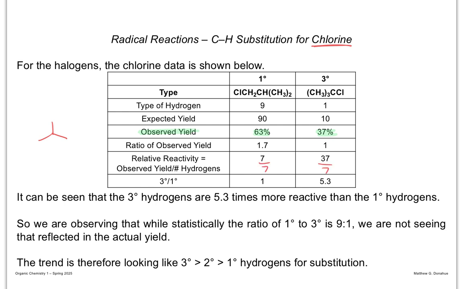So now we find a tertiary hydrogen for chlorine is 5.3 times more reactive. So through this type of analysis, we can see the trend: tertiary hydrogens react greater than secondary, react greater than primary. So whether it's chlorine or bromine, that's the order that you want to follow.